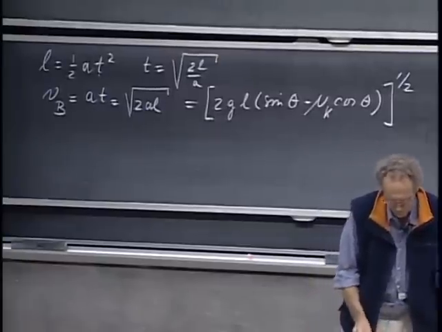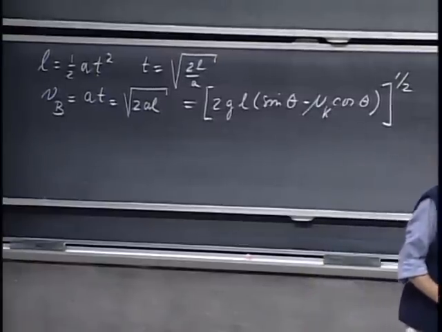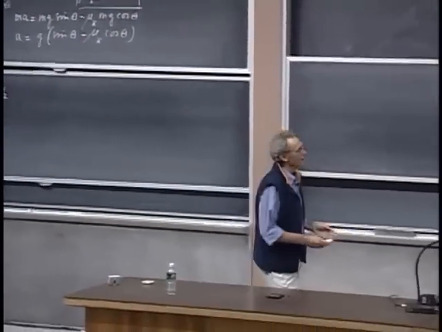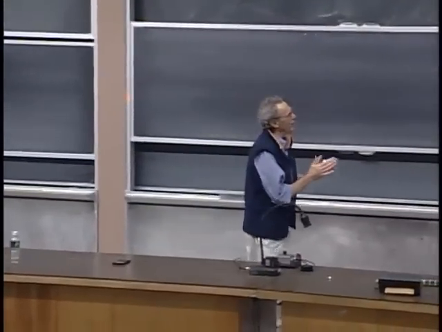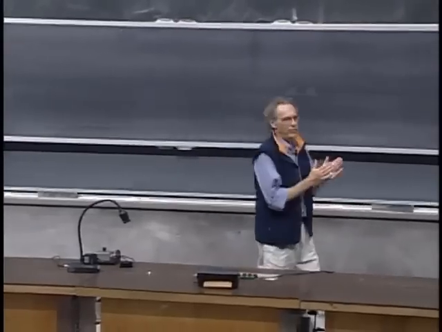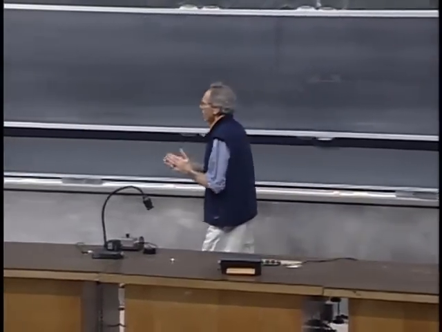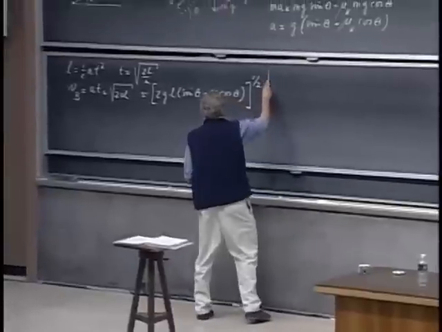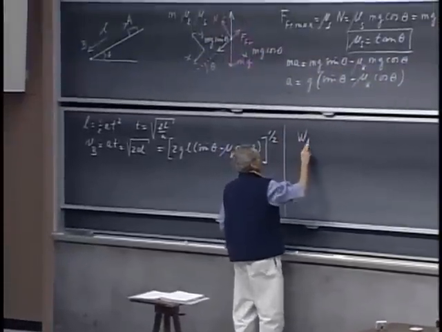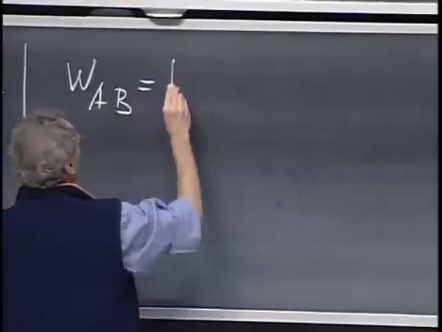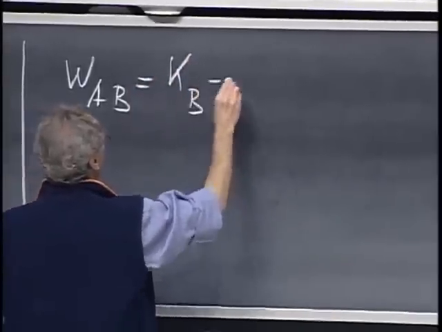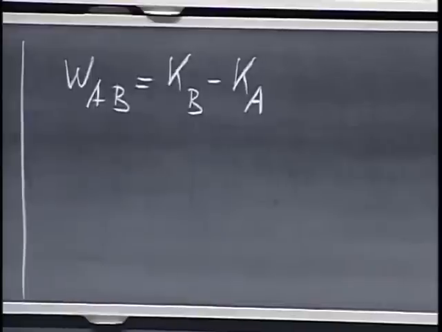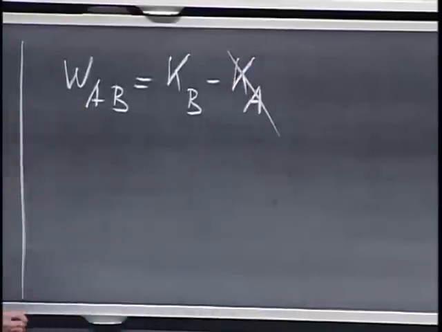I, however, would not do it that way. I don't find it very elegant. I would say, hey, why not apply the work-energy theorem? Why not say that the work done when that object moves from A to B must be the kinetic energy at point B minus the kinetic energy at point A. Now, I know that I release it at 0 speed, so this is 0.